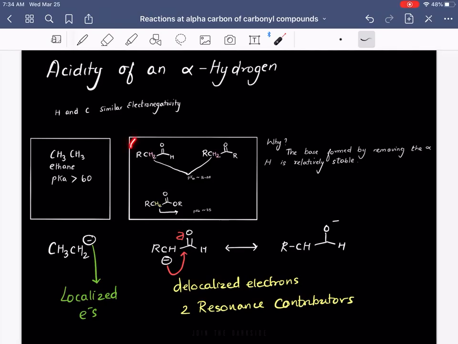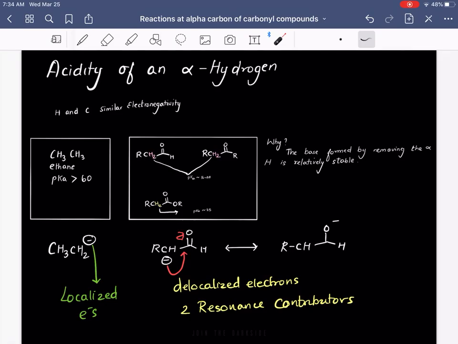If you take the structure of an aldehyde, ketone, and an ester, you can see that the pKa of these compounds is roughly between 16 and 25, depending upon the nature of the compound. Let's see what happens when you remove one hydrogen from these compounds. It is going to form the carbanion, but that carbanion is stabilized between two different resonance structures.